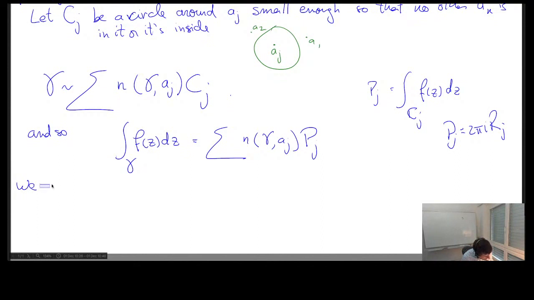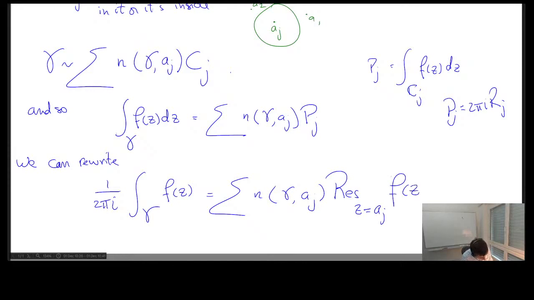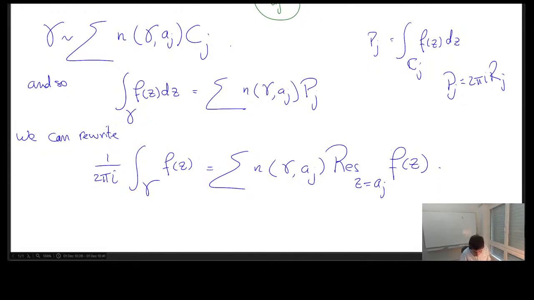And so in particular, because of this, we can rewrite it as one over 2 pi i, the sum over a_j of the residue at z equals a_j of f(z).